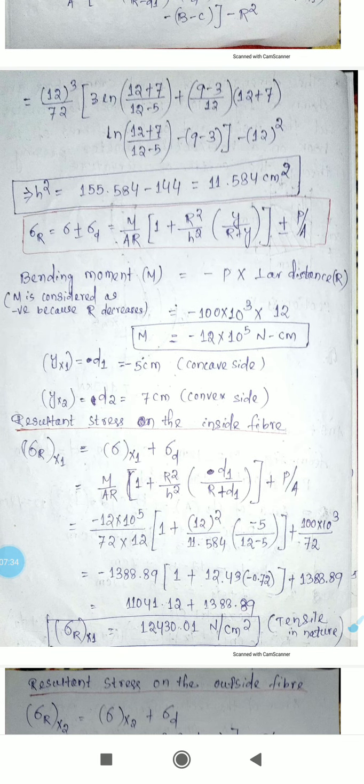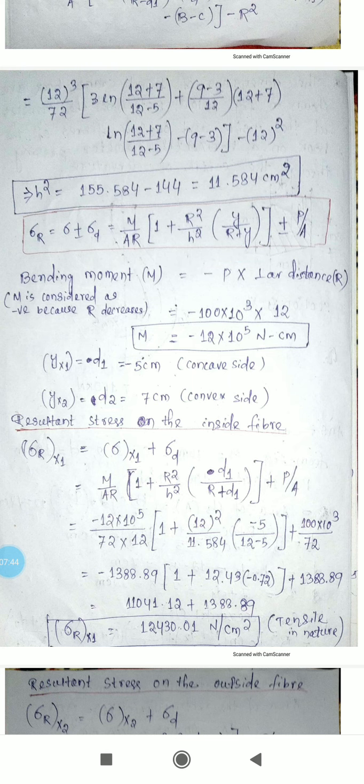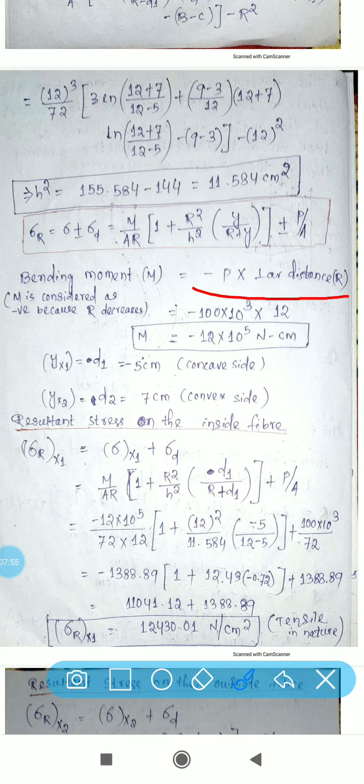So this one is your base equation. First you have to calculate the bending moment. The bending moment is equal to force into perpendicular distance. Here it is minus P into perpendicular distance; the negative sign indicates that the radius of curvature decreases.